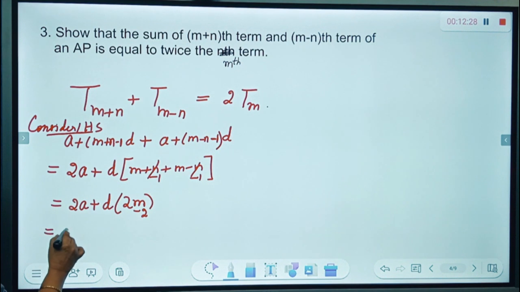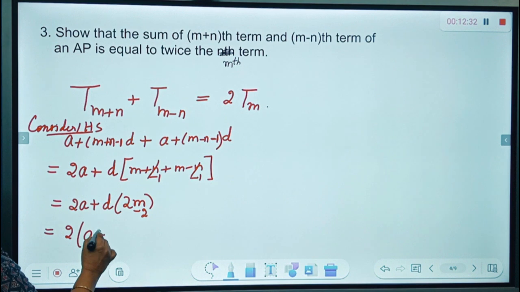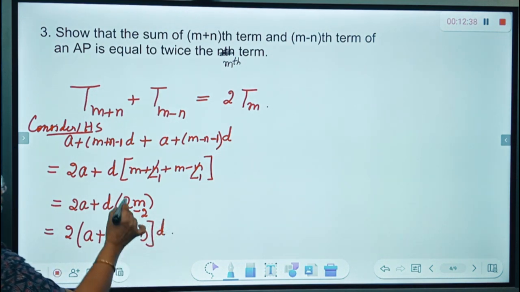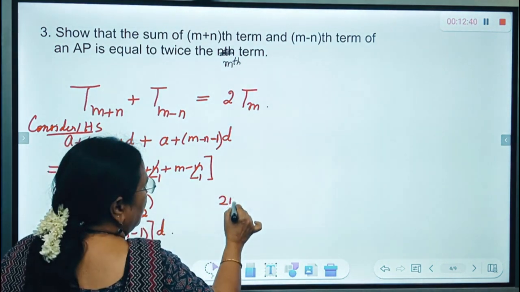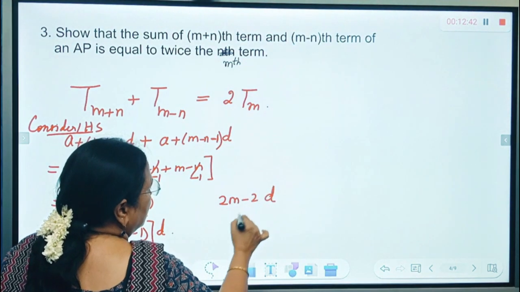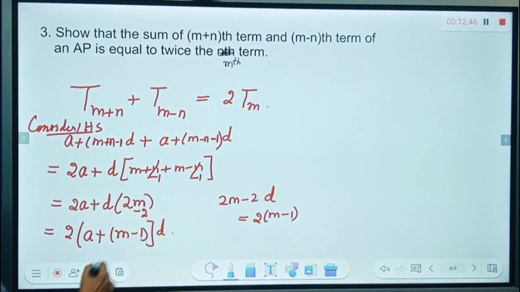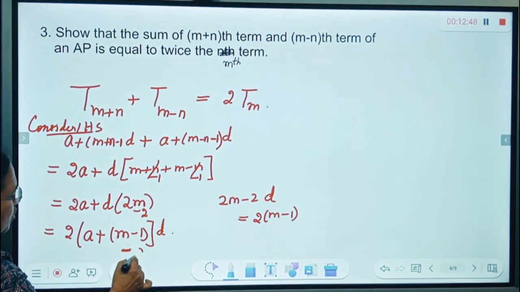So this is 2 into a plus m minus 1 into d. See, I have 2m minus 2d, 2m minus 2 is 2 into m minus 1. This is nothing but we know the mth term, so 2 times the mth term.